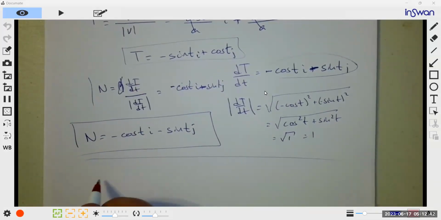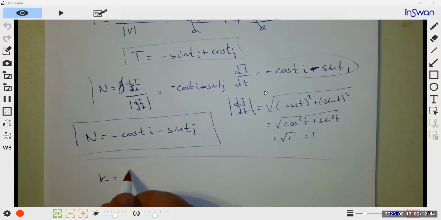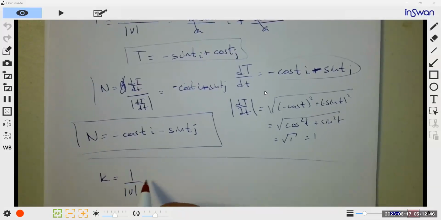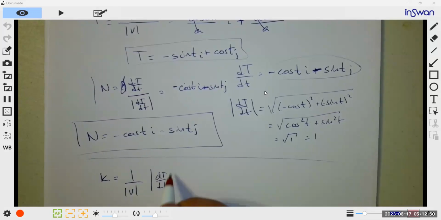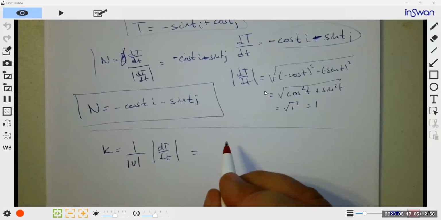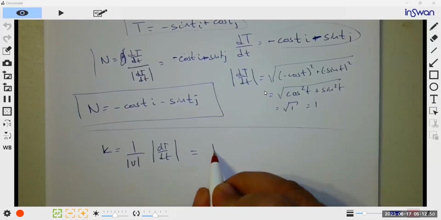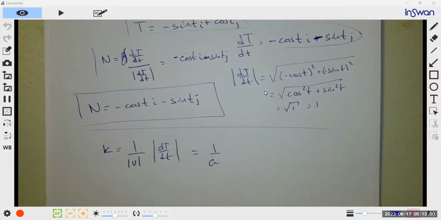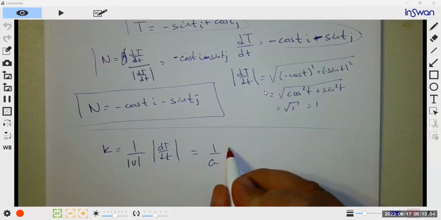To figure out k, we need 1 over the magnitude of v times the magnitude of dT. The magnitude is 1 over a. dT is 1.